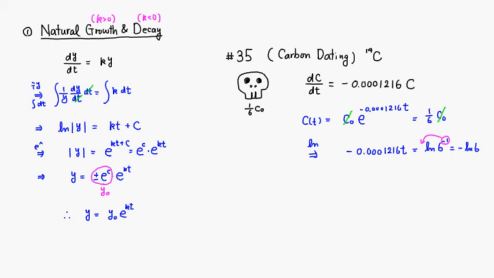We can cancel the negative sign here and there, then divide through by 0.0001216 so that we can find t. This is how old the skull is: the natural log of 6 divided by this very small number.